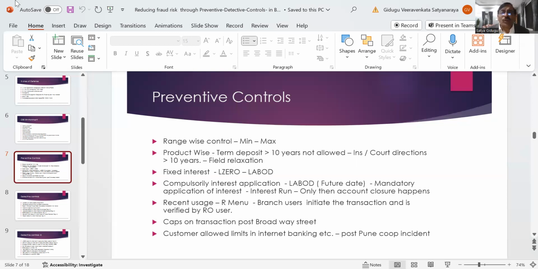Immediately, the Reserve Bank of India told them Maker Checker. SWIFT is having 6 eyes, one Maker and 2 checkers.